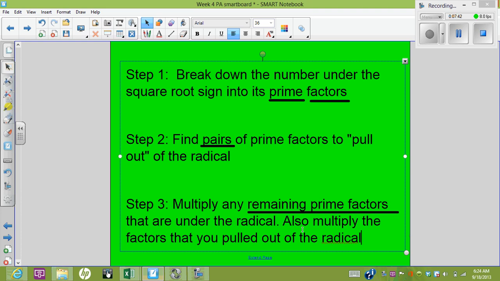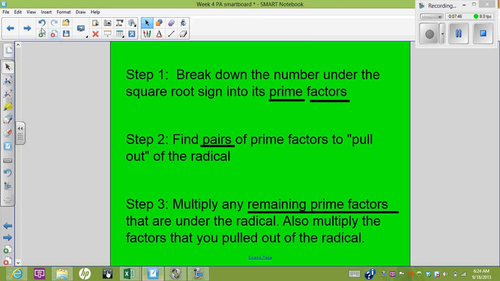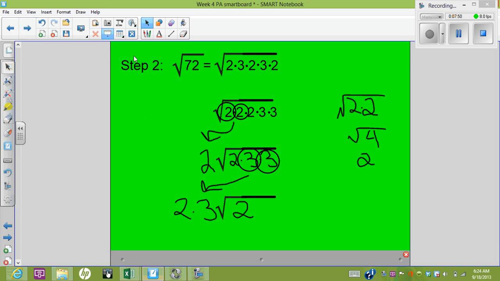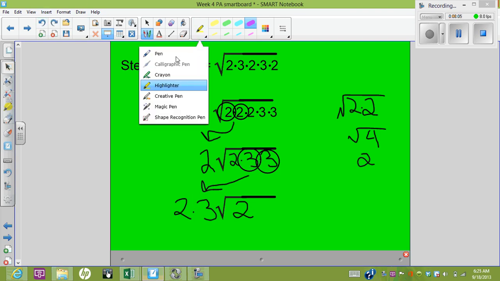Go ahead and add that in your notes to step 3. And I'll show you what that means. Pause it if you need time to write that down. But notice how I have here on the outside of my radical sign, I have, oh, that yellow doesn't show up at all on green. Neither does that. Maybe pink? Okay, never mind. I'll just underline it.